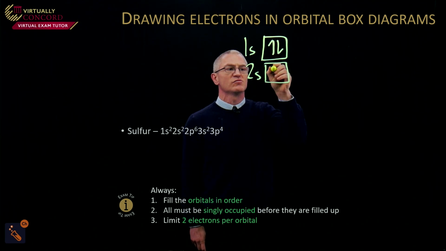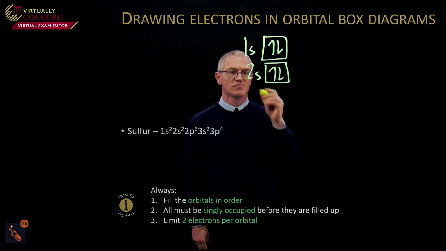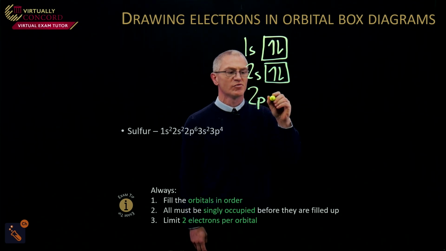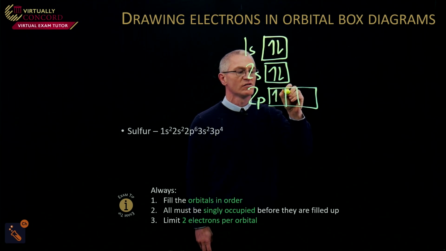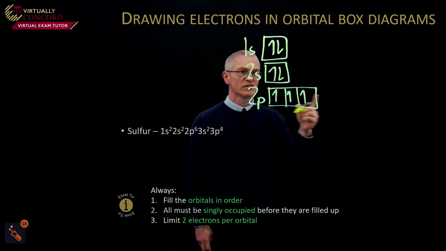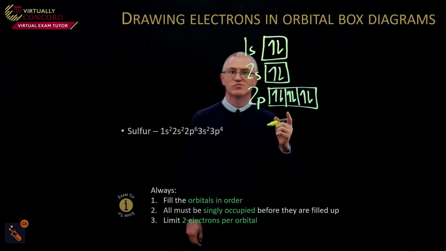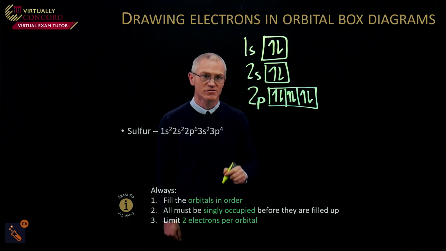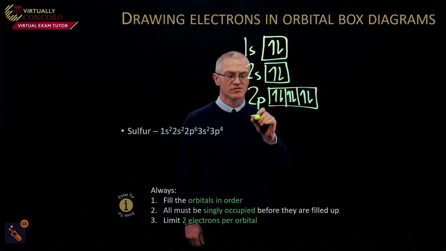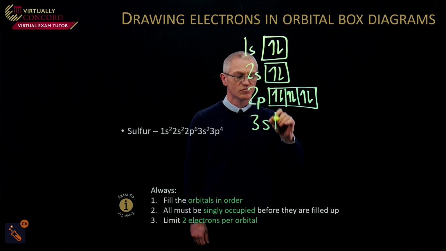One orbital in each one of the s subshells, okay? We then go to 2p. If you remember from previous, we have 3 orbitals in there, so 1. We singly occupy them first and then fill them up. We're doing that, remember, because we know there are 6 electrons because we've looked at this and we can see the 6 electrons, okay? We're then going to 3s.